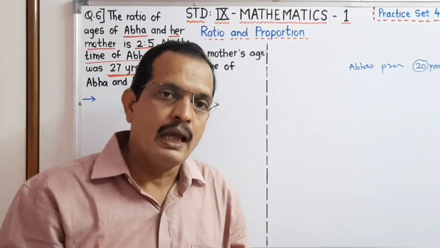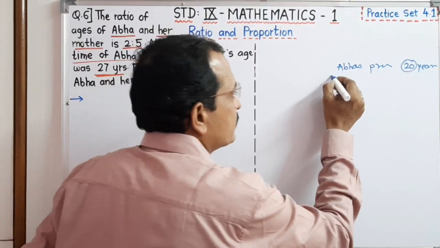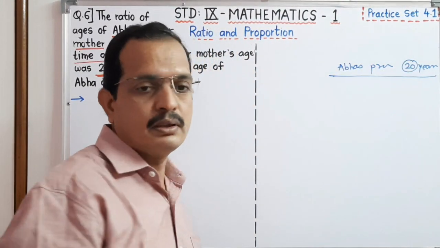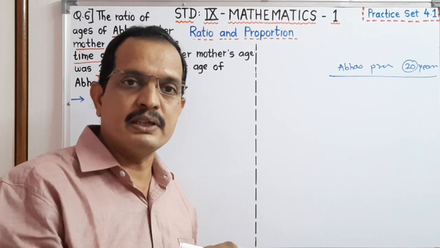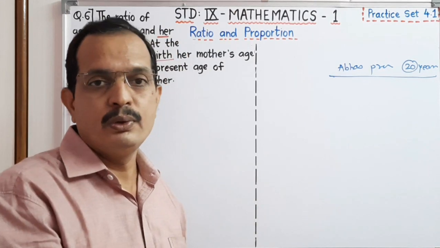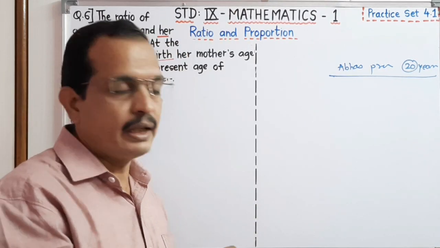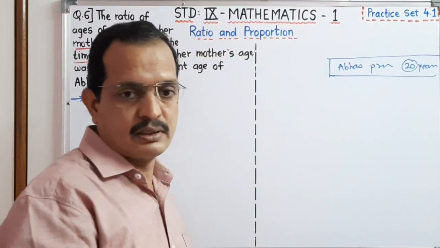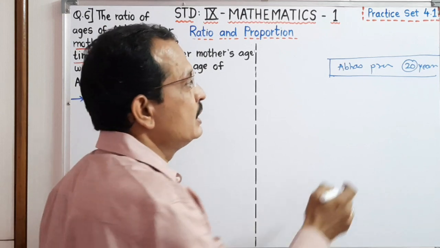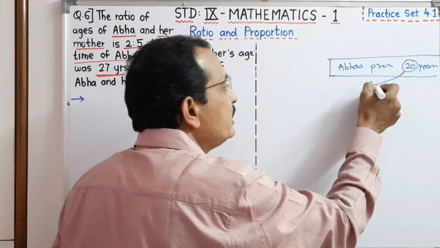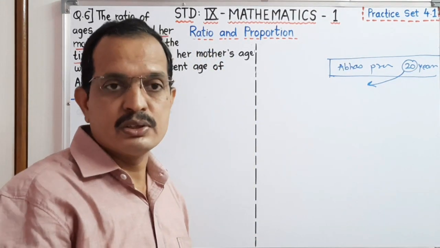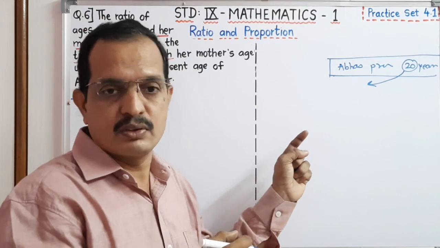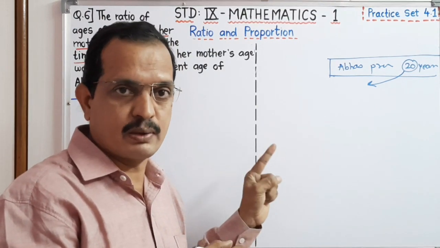That means her birth took place 20 years ago. So at the time of her birth means the age before 20 years. Got it? See the meaning of this statement.